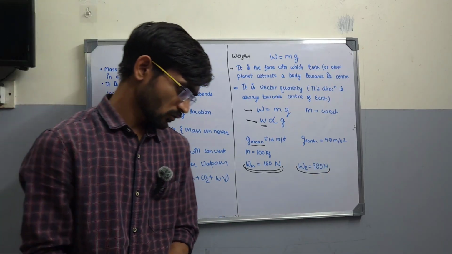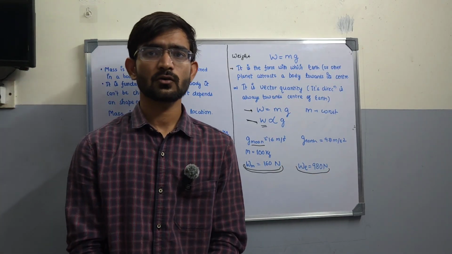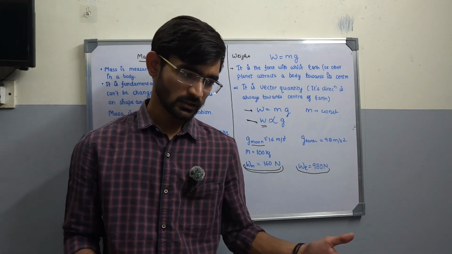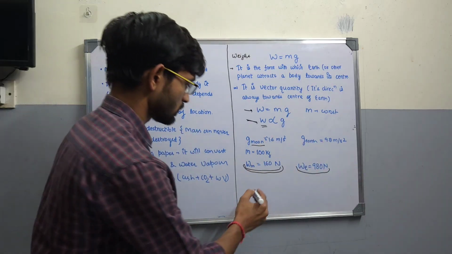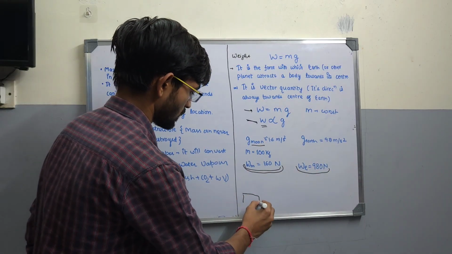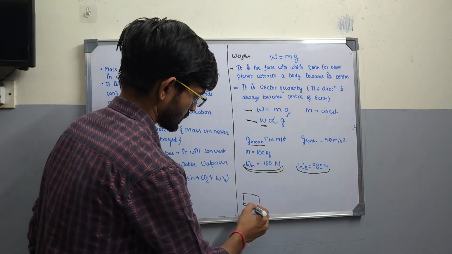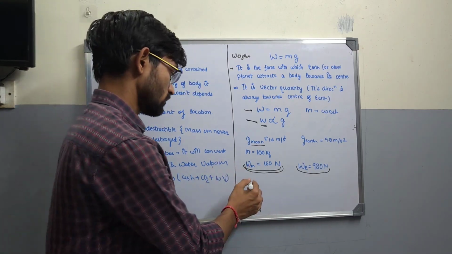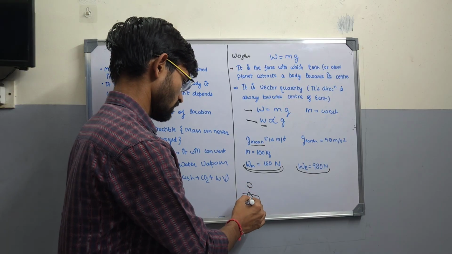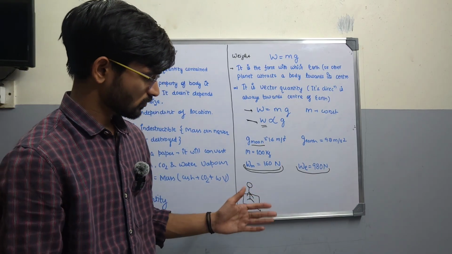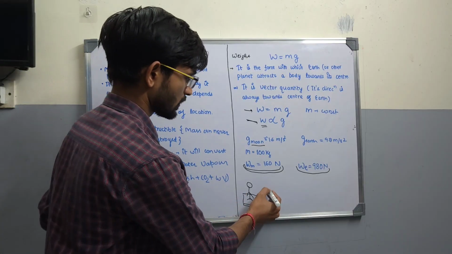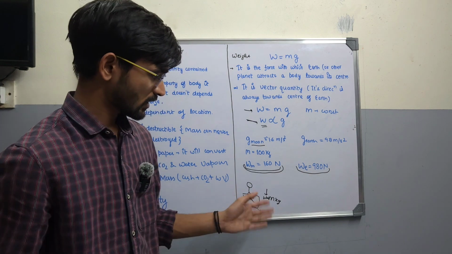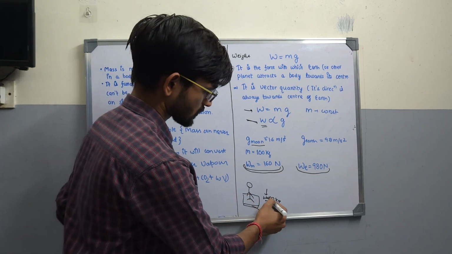So when you measure your mass or weight using a weighing machine, what does it give you? Suppose you are standing on a weight measuring machine, it has a meter here, which shows the reading. Earth will attract you towards its center, and that force will be your mass times gravity. You are attracted towards the center of Earth with this force.